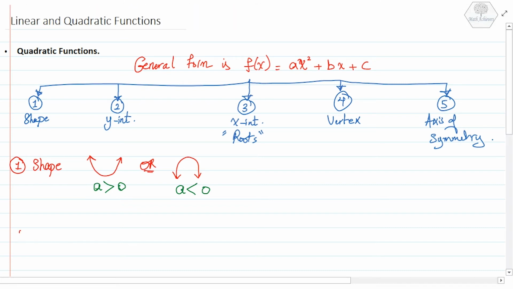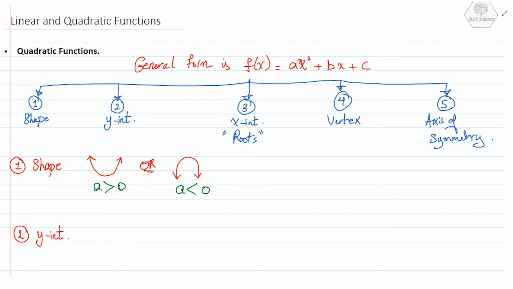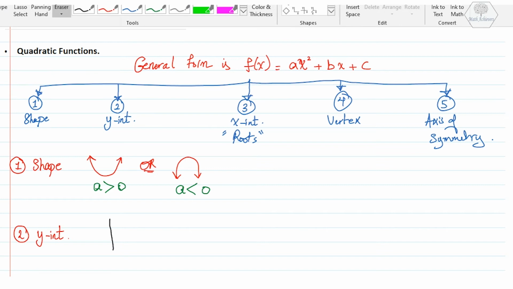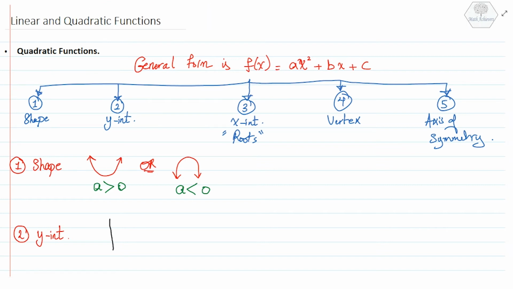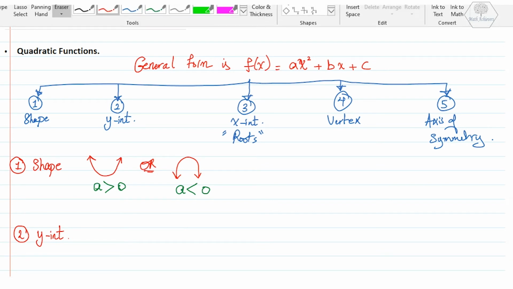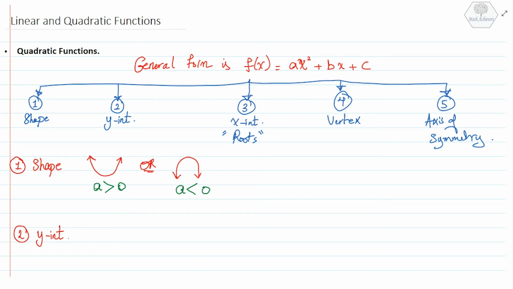The second thing we have to know is the y-intercept. The y-intercept is simply where the curve crosses the y-axis. If I want to draw an axis, I have my axis this way.